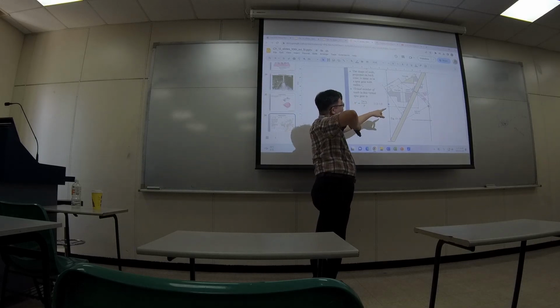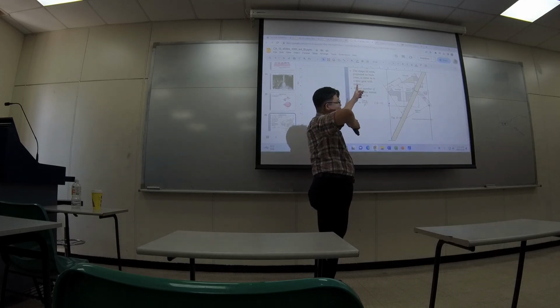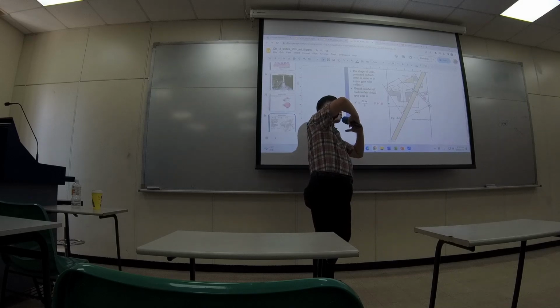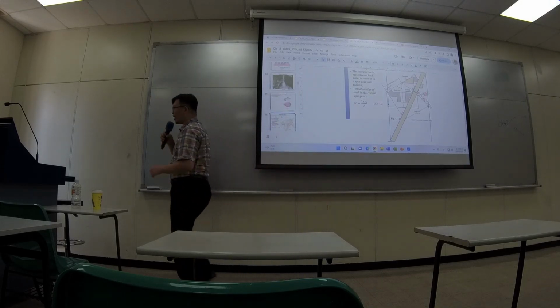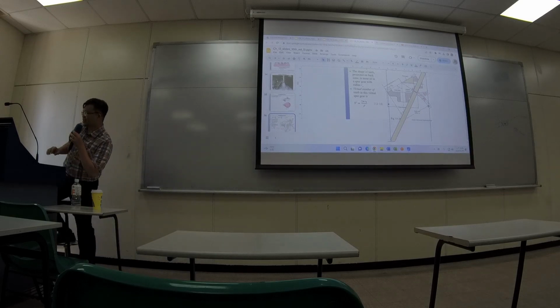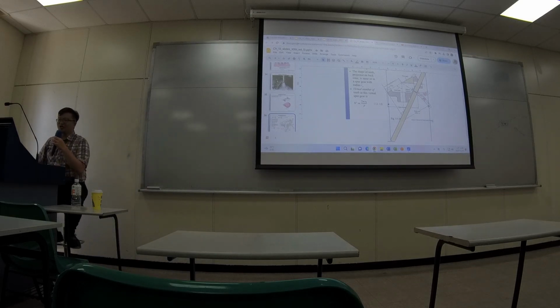So this is quite different from the spur gears, but they still treat the conjugate motion just like the spur gear. That's why I draw these two virtual spur gears right there.